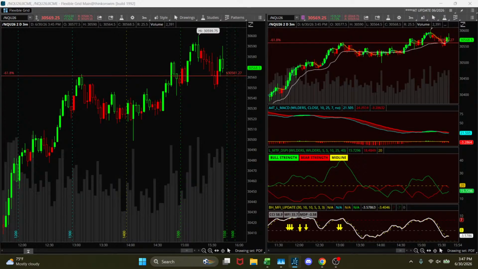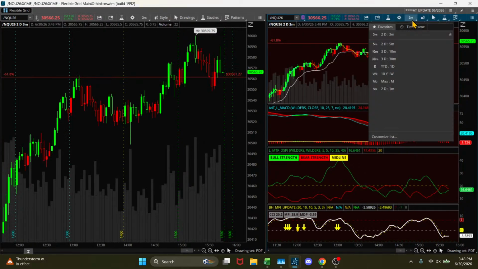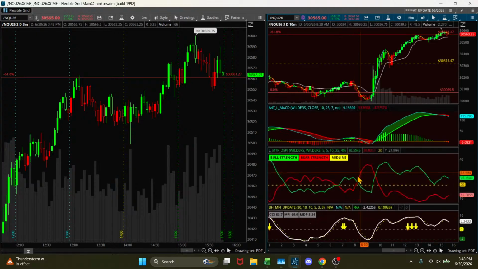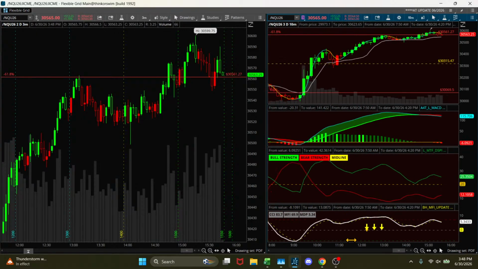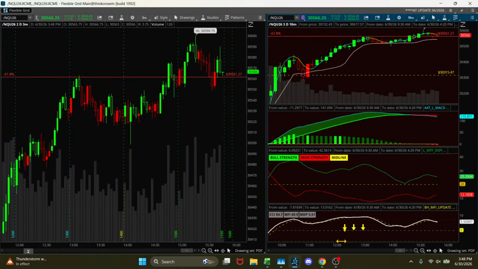Can't really tell what they want to do into this close, if I'm being completely honest. I would think that there's like a slight sell pressure for just profit taking, but they could just keep squeezing it higher. It's not really showing clearly.